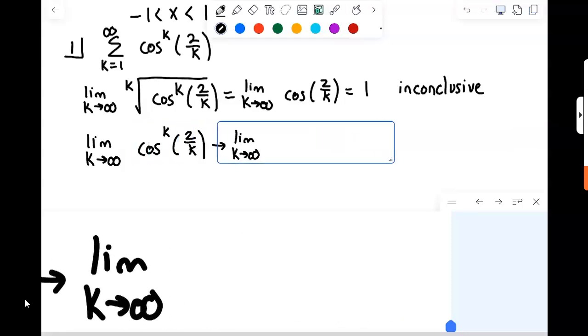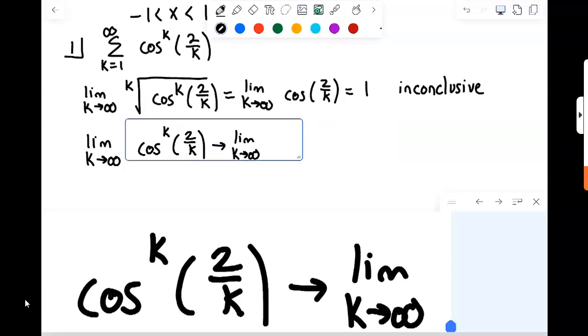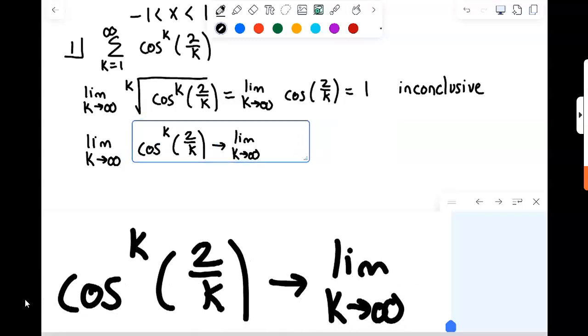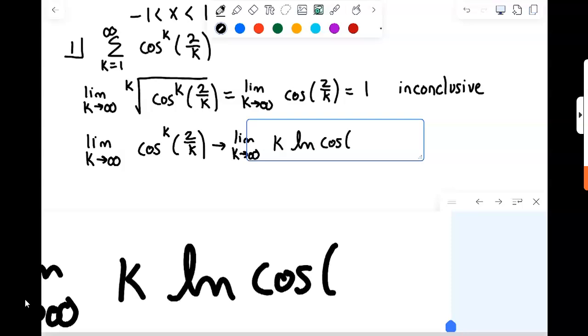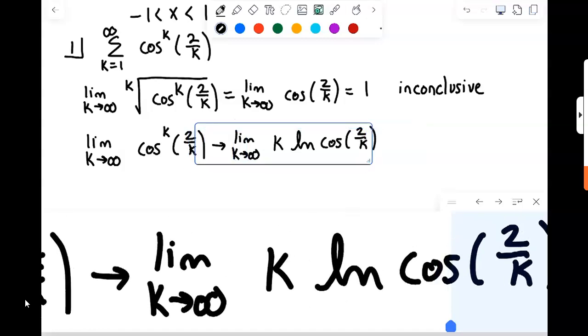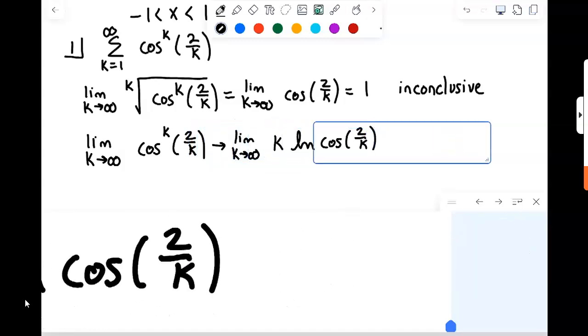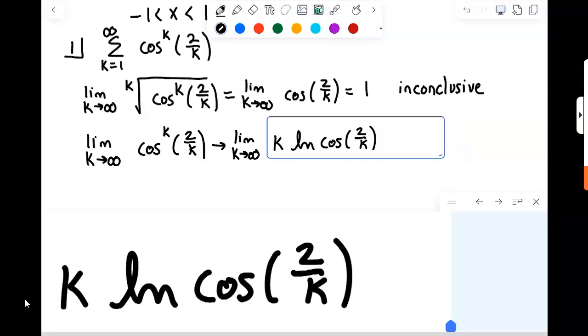We apply the logarithm, and the exponent will come out. Ln of cosine to the k will come out, so we have k ln of cosine of 2 over k. And of course, that transforms this into an infinity times 0, because cosine is going to 1, ln of 1 is 0.